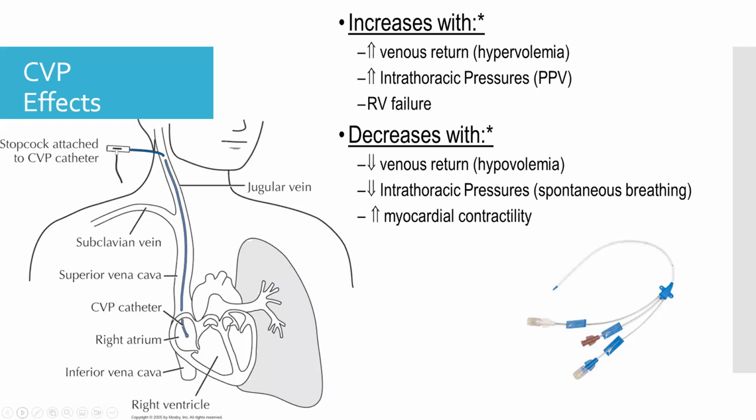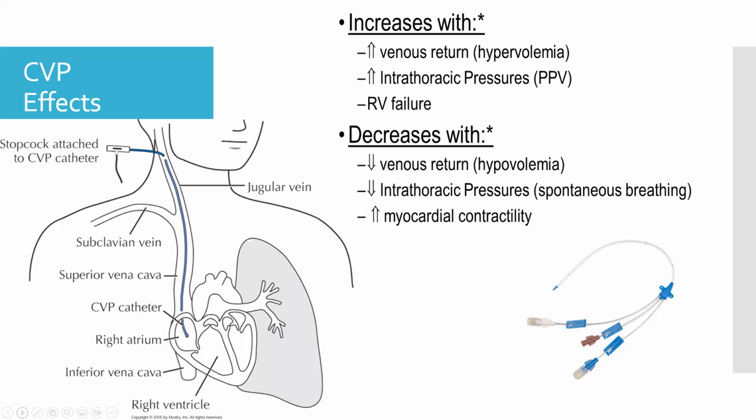CVP increases with increased venous return, hypervolemia, increased intrathoracic pressure such as positive pressure ventilation, and with right ventricular failure. As that right ventricle gets weaker, it will cause a backup: initially less is ejected into the pulmonary artery, which is really a vein, and more ultimately backs up in the right atrium, expressed in terms of increased central venous pressures.